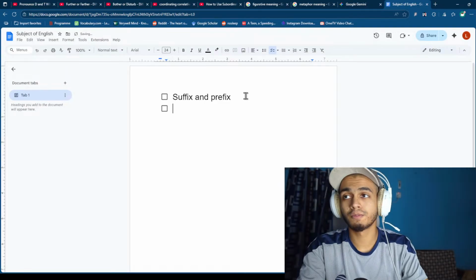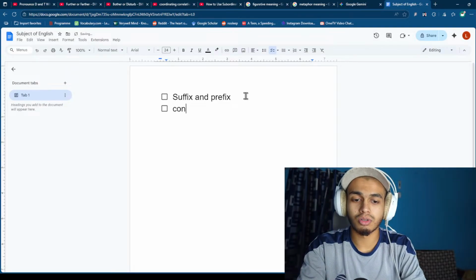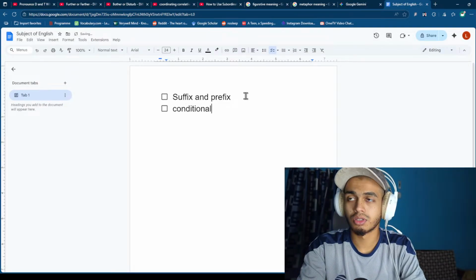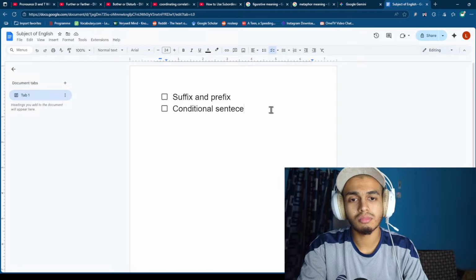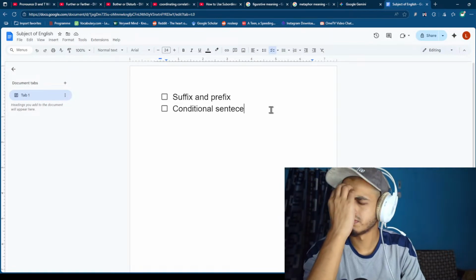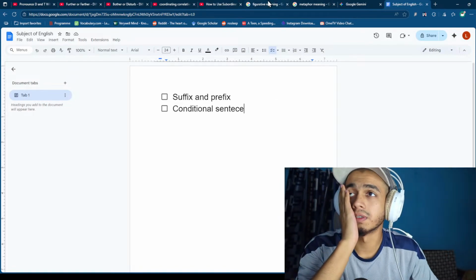And also conditional grammar. Conditional sentence. I need to learn these. Then what do I need to learn more?